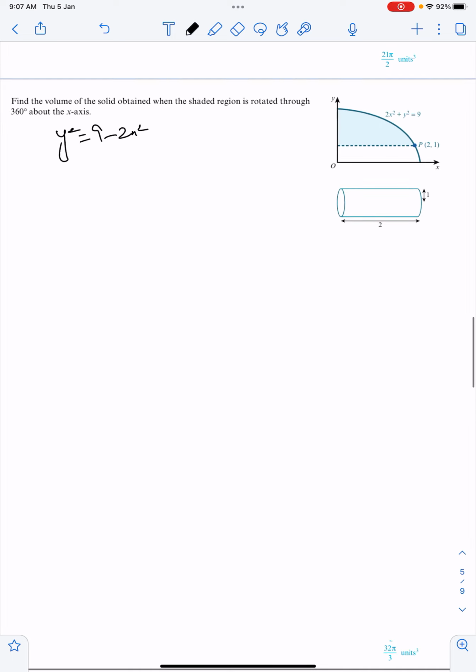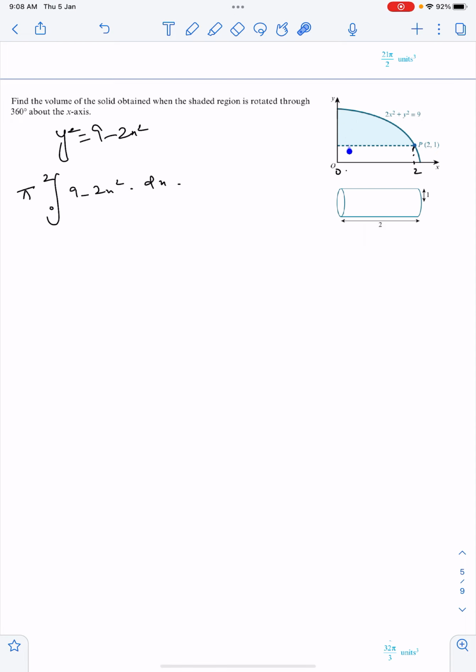Now I'm going to integrate it: 9 minus 2x squared dx, applying the boundaries of 2 and 0, with pi outside. This way I will get this whole volume.